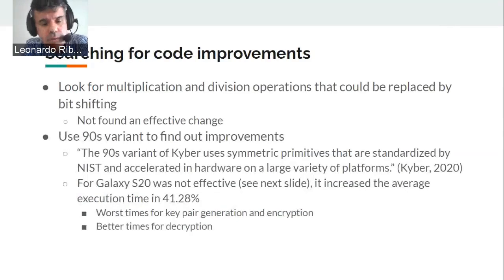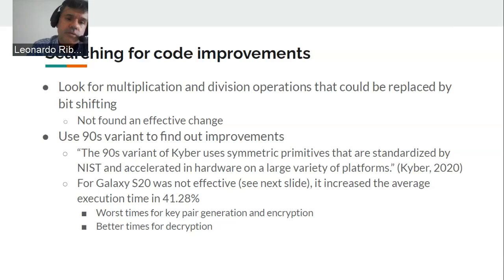We also tried to find some code improvements in Kyber, but we haven't found any. We tried the same idea of changing division by power of 2 to shift operations, but there is no effect from the change.